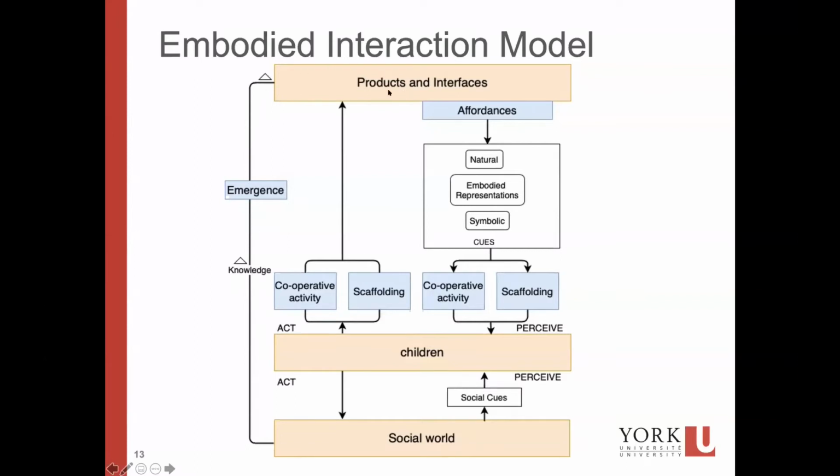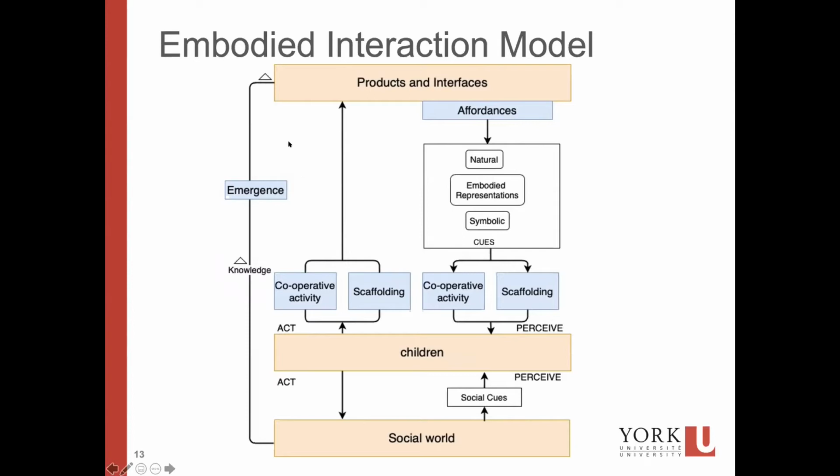Now, if there is any change in behavior, it is going to result in new forms of cues for children to act upon. So if this particular cycle of perception and action loop is maintained without any break, it results in a successful interaction. And when a number of perception action loops have been completed, it could result in the generation of new knowledge, which also contributes to learning in children.